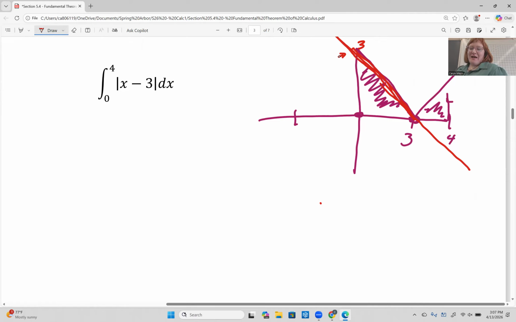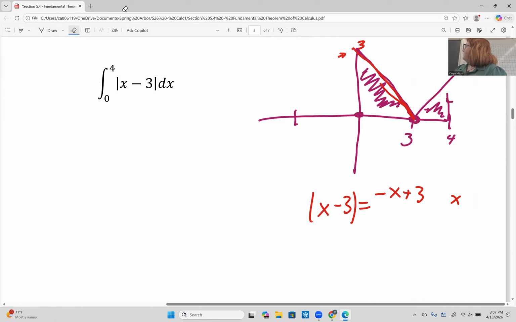So the absolute value of x minus 3 is what you guys have just told me, negative x plus 3, when x is smaller than 3, right? It would continue for any x smaller than 3.